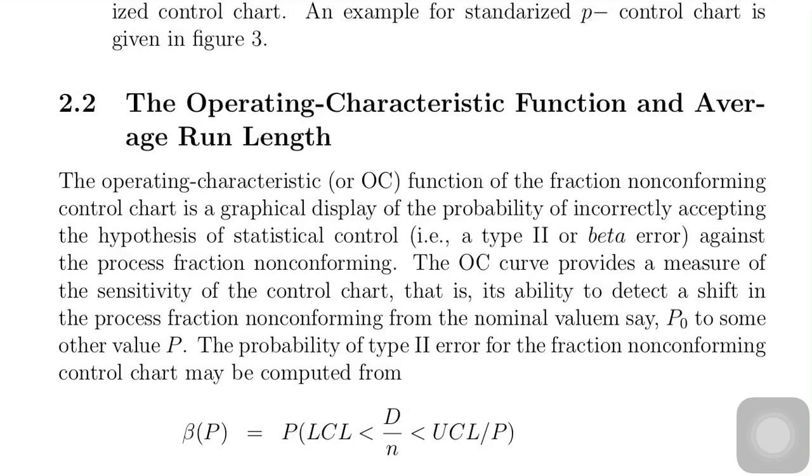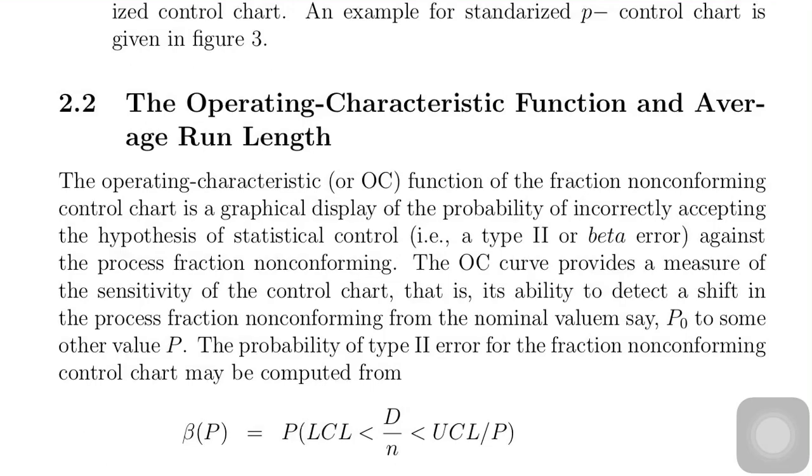We shall discuss now the performance measures of a control chart. We have already argued in discussing the X bar chart that the OC function, or correspondingly the OC curve, and the average run length are two important measures of performance of any control chart.